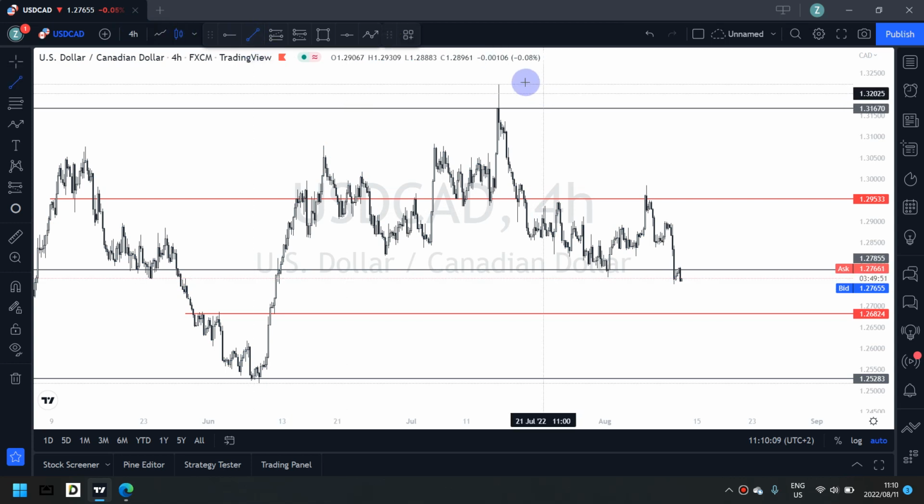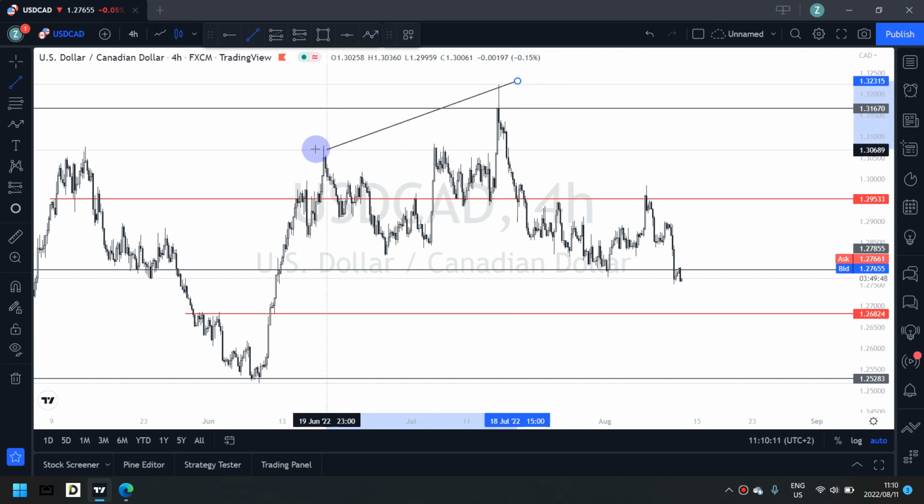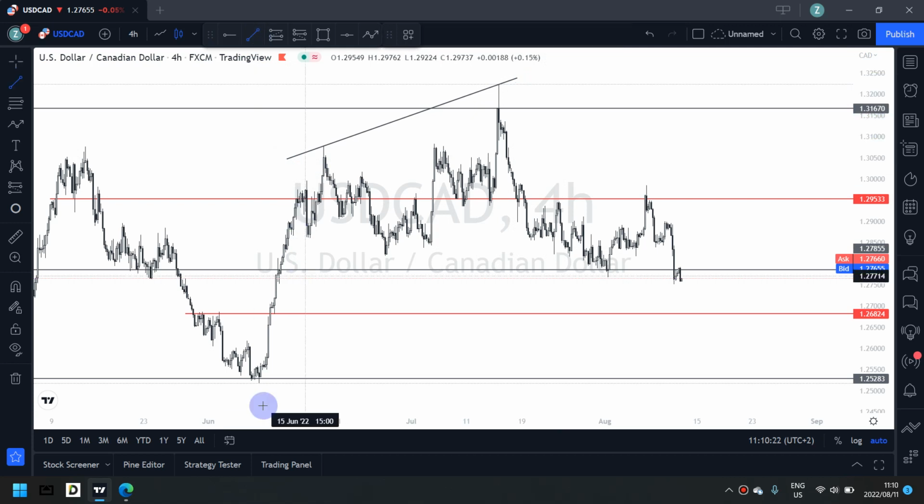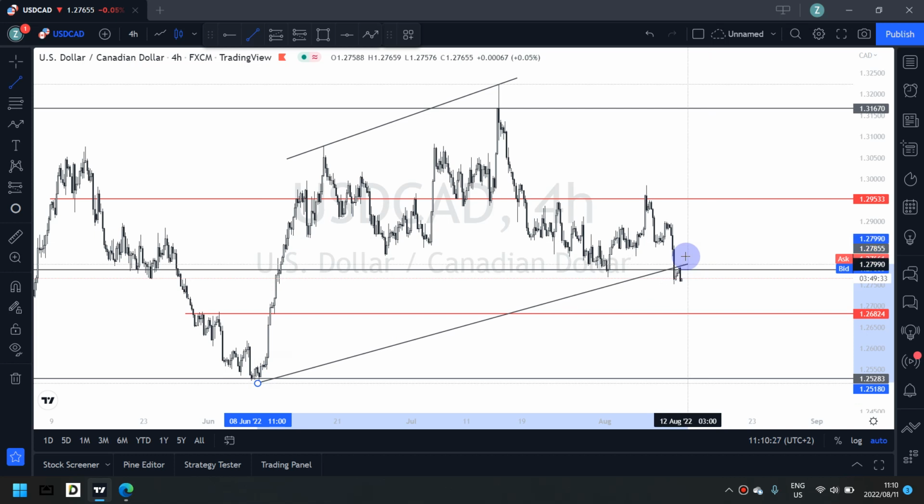the first thing that I see is that the market is in some sort of a buy trend, right? The market is in some sort of a buy trend. So let me cater for the supporting trend line, which is this one right here.